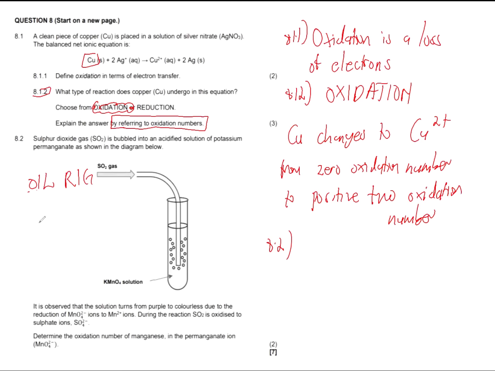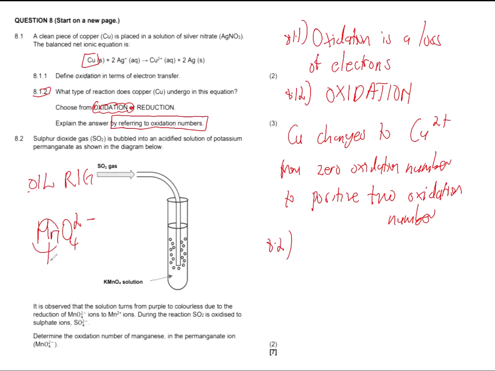Now, from this here, MnO4 2 minus. We understand that the 2 minus indicates the oxidation number of the whole permanganate ion, right? But we know that the standard oxidation number of oxygen is -2, right? We don't know the oxidation number of manganese. That's what we are trying to find out.